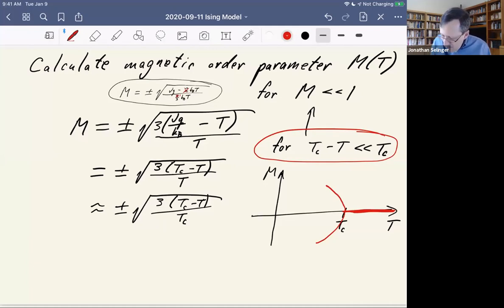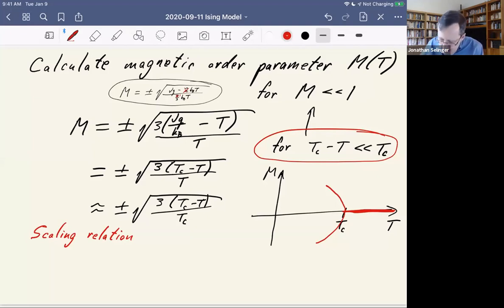All right. Now, this trend for how M approaches 0 when T approaches Tc, this is a characteristic behavior. And this thing is called a scaling relation. That is, how does M scale with temperature close to the critical temperature?